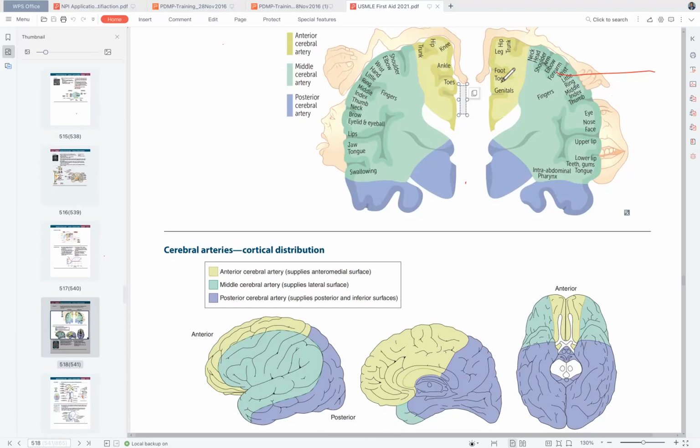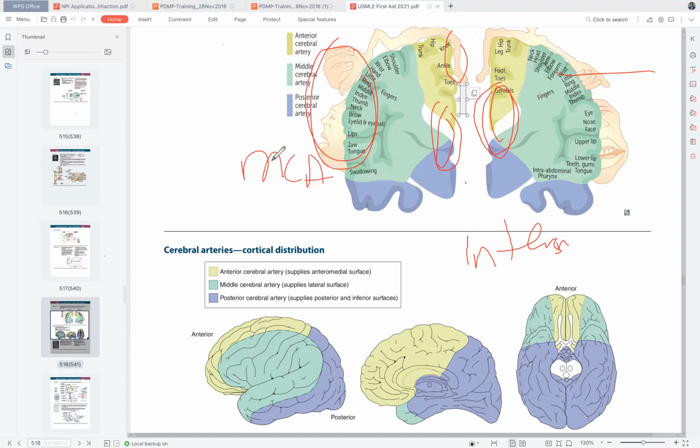The only time that happens is when the vessel in the internal capsule area is affected. Any question that tells you the arms and legs are weak is due to the internal capsule. But otherwise it will always be only the legs, or only the arm and face together. Only the arm and face will be the MCA area, the middle cerebral artery.